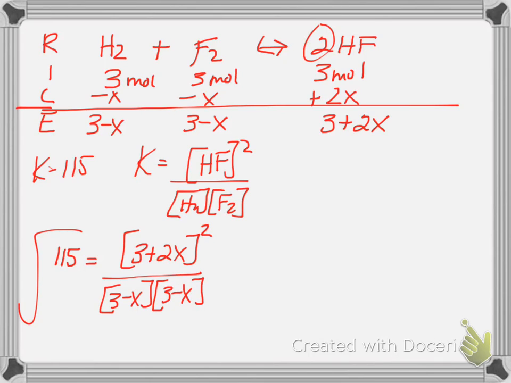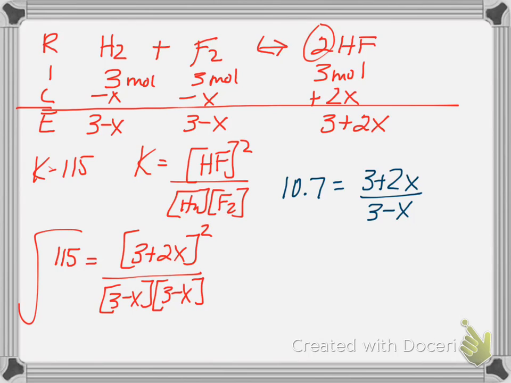Take the square root of it. Okay? So then over here, I'm going to use a different color so you can see a little bit better. Let's go with blue. Now over here I would have 10.7 is equal to (3 plus 2x) over (3 minus x).